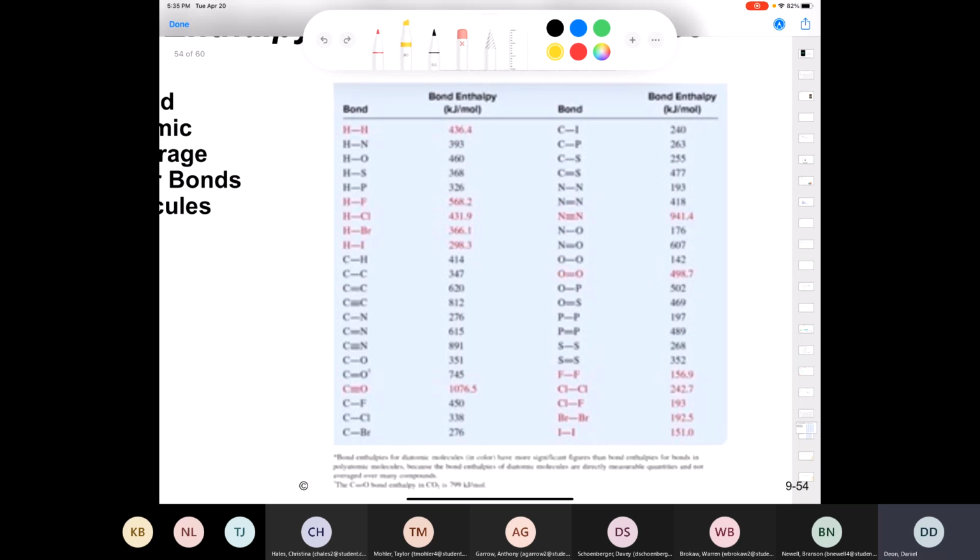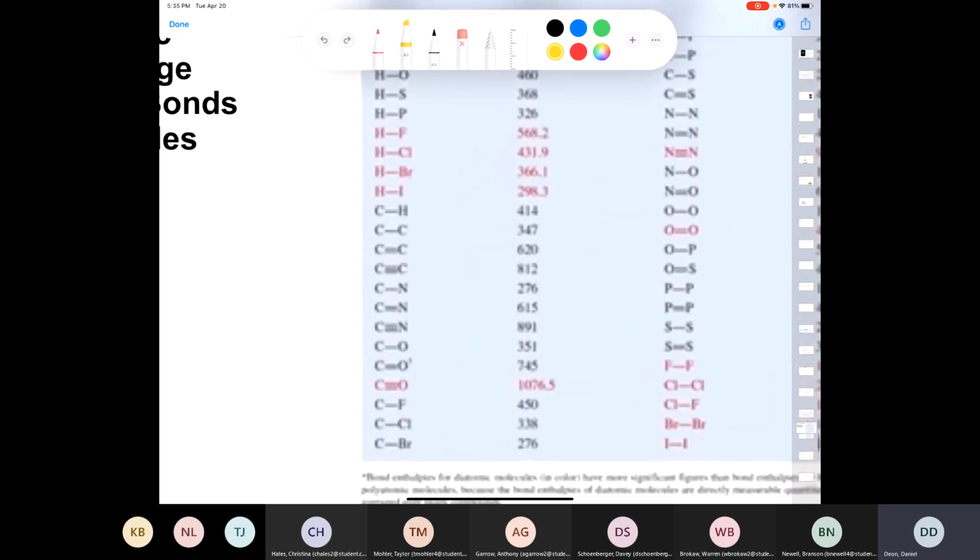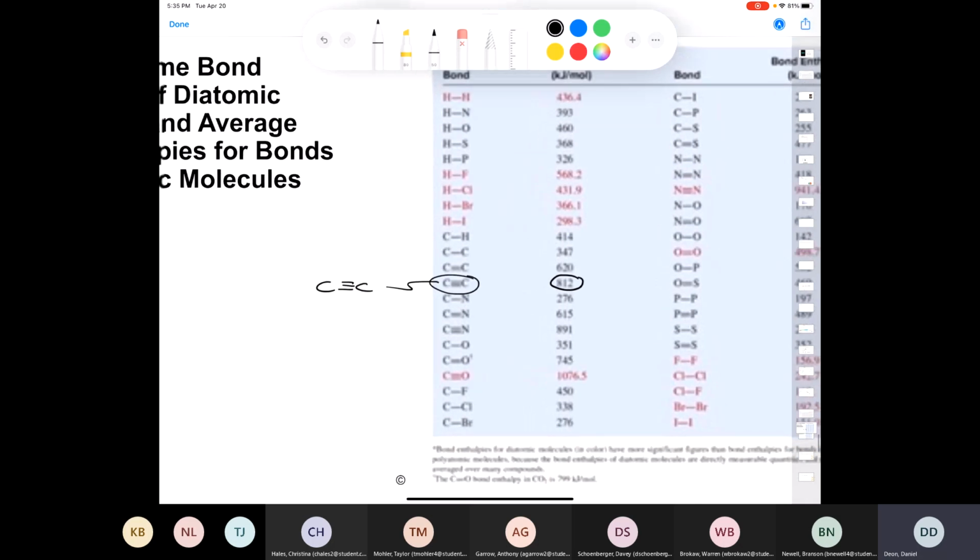However, all of the bonds listed in black are reported only to the ones place. Why? Because if you zoom in on one, for example this carbon-carbon triple bond, there are thousands of naturally occurring molecules that have carbon-carbon triple bonds in them. So this number, 812 kilojoules per mole, is simply an average.